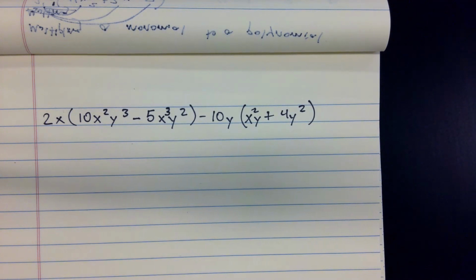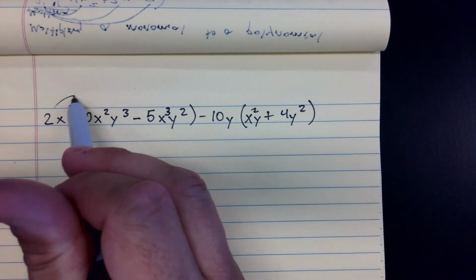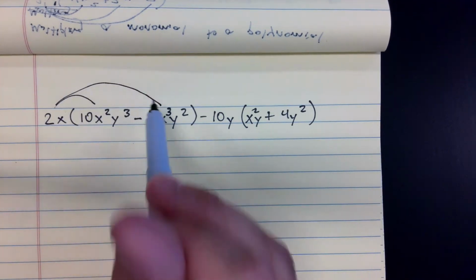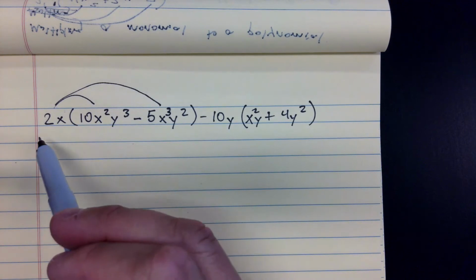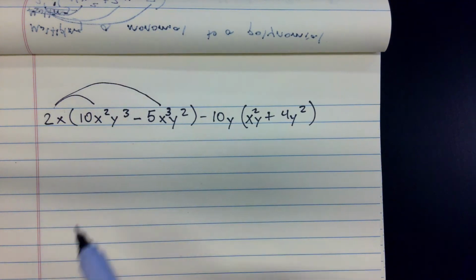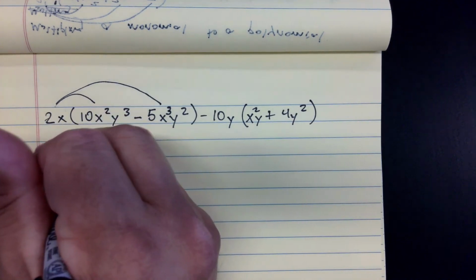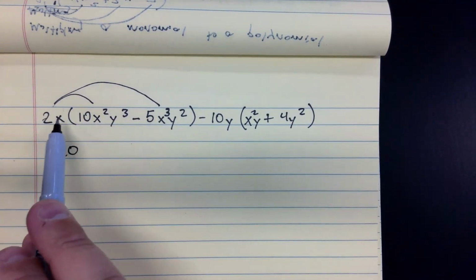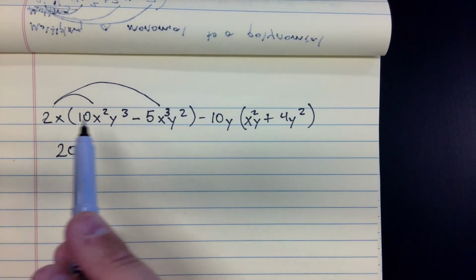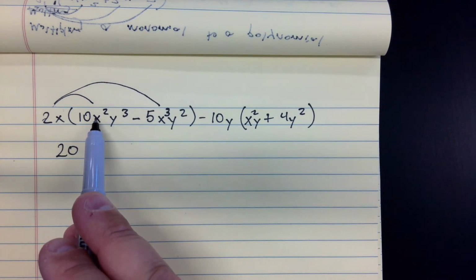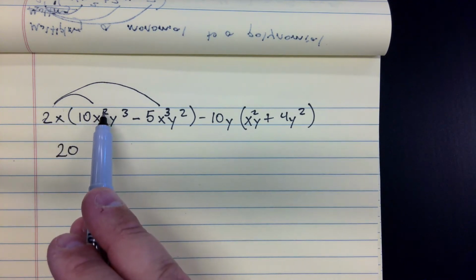Nothing changes. What we're going to do is distribute this 2x through. We have 2x times 10x squared y cubed. We multiply the whole numbers to get 20. The x gets multiplied with the x, so x times x squared is what?